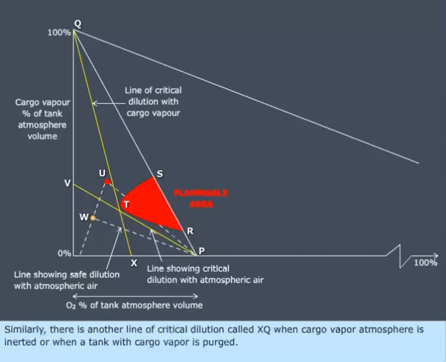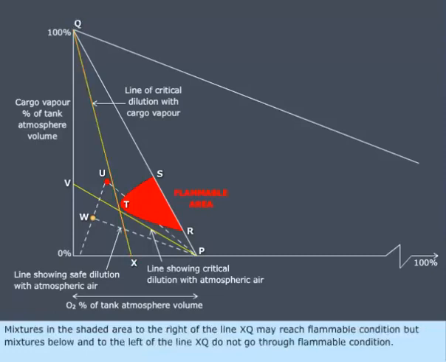Similarly, there is another line of critical dilution, called XQ, when cargo vapor atmosphere is inerted, or when a tank with cargo vapor is purged. Mixtures in the shaded area to the right of the line XQ may reach flammable condition, but mixtures below and to the left of the line XQ do not go through flammable condition.